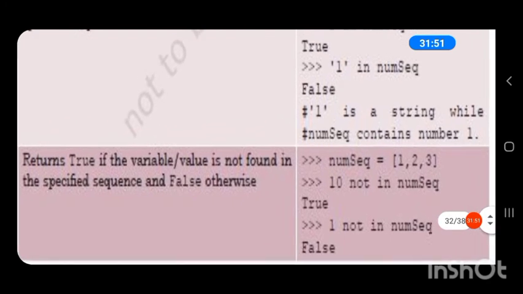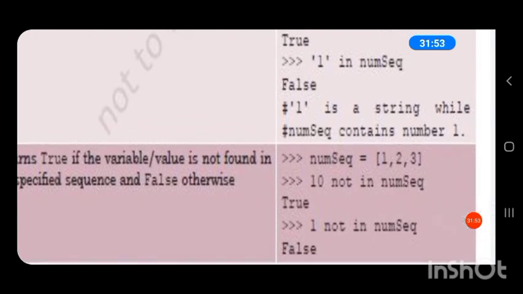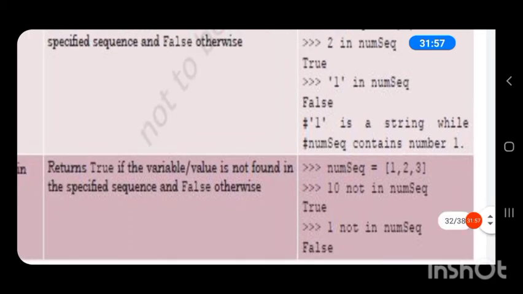So num_seq equal to 1, 2, 3. 10 not in num_seq. Is 10 present in this list? No, 10 is not there. So it will return true. And the next one, 1 not in num_seq. Since 1 is there in the list num_seq, it will return false.